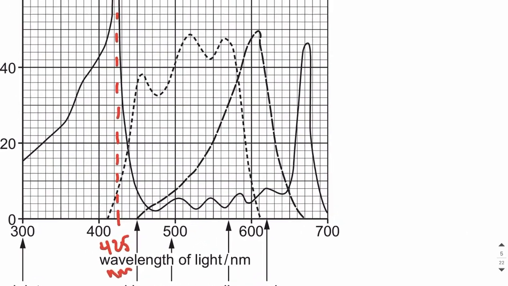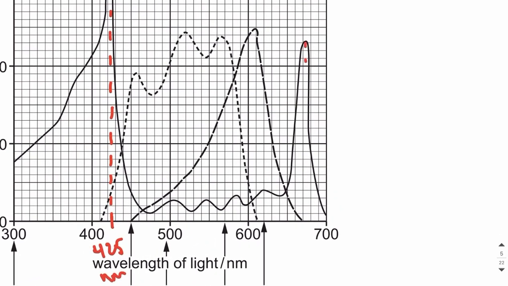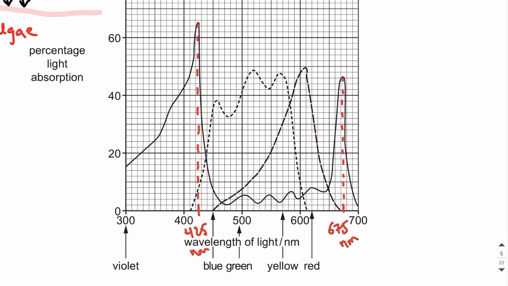And what else? 675 nanometers. So we can write that chlorophyll A has high absorbance at 425 nanometers and 675 nanometers. Chlorophyll A has highest percentage light absorbance at 425 nanometers.